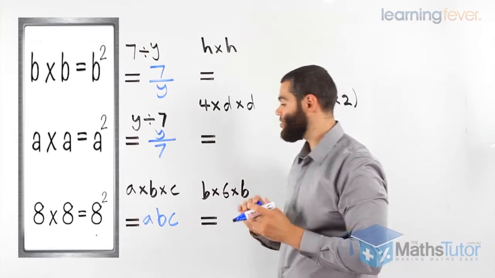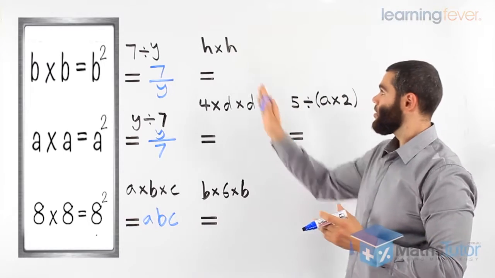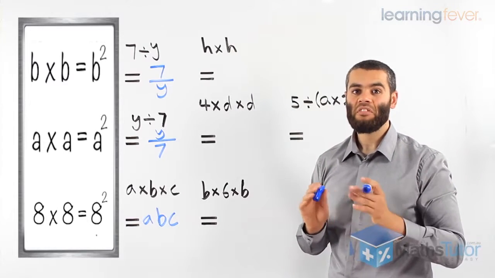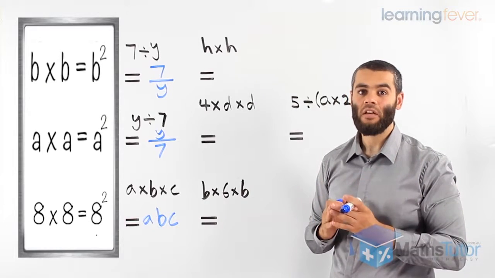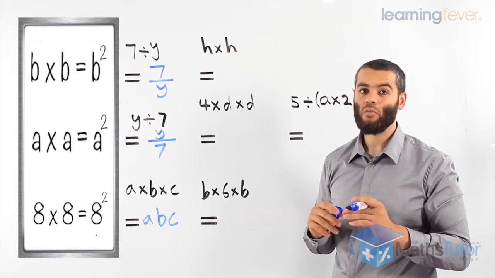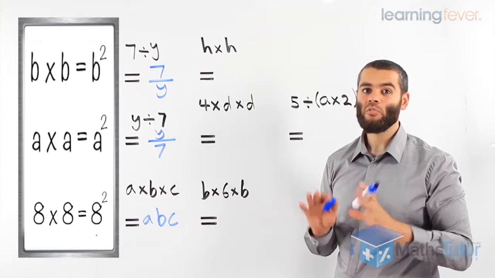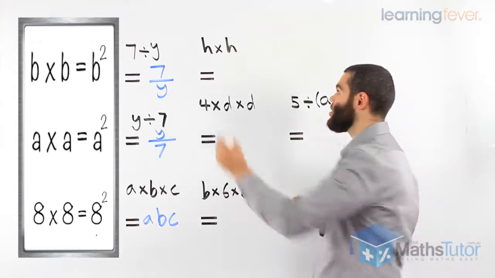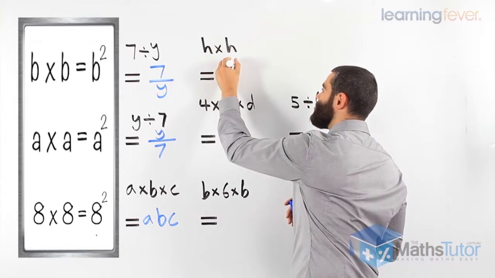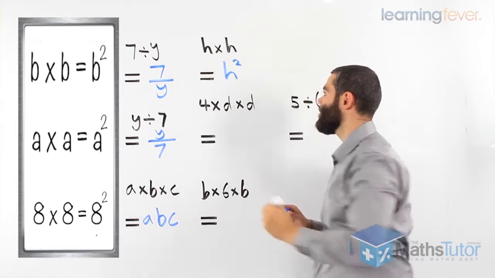The multiplication just goes. H times H. We said like 8 times 8 is 8 squared. 5 times 5, 5 squared. In algebra, the pronumerals follow and behave in the same way. H times H, what do you think? H squared.